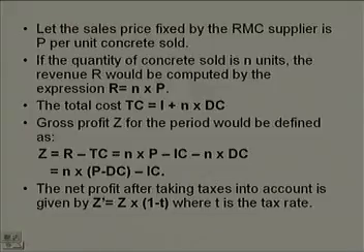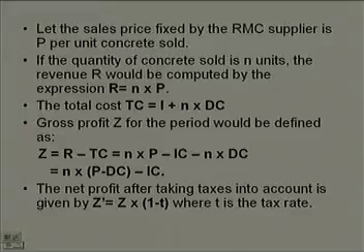Now, what would be the gross profit? Suppose you know how much money you have received for selling n units of concrete and how much cost you have incurred for producing n units of concrete. The difference is your profit. That we denote as Z, defined as revenue minus total cost. So, Z equals R minus TC.